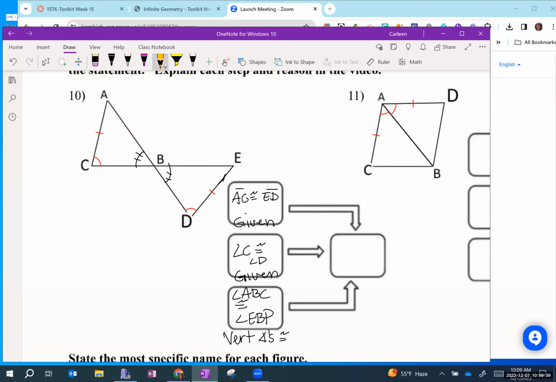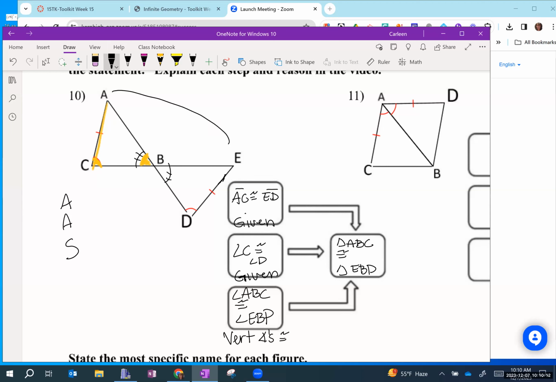Now, what is it? Triangle ABC congruent to triangle, so A corresponds with E, EBD, because I have 2 angles and I have one side.